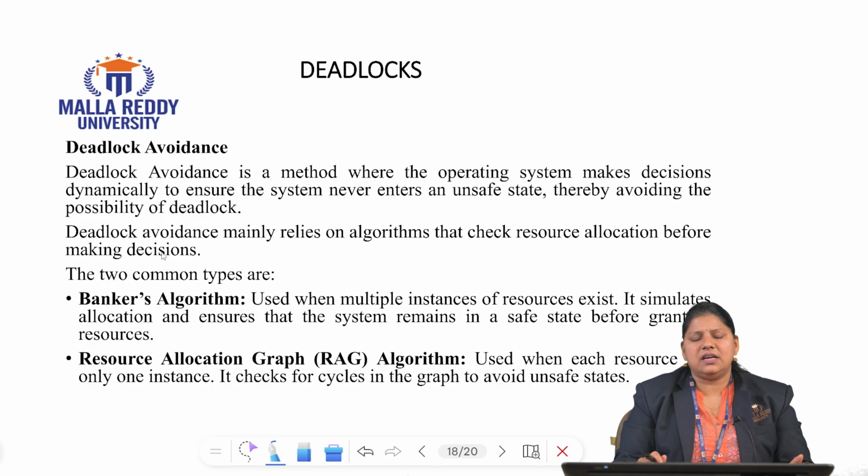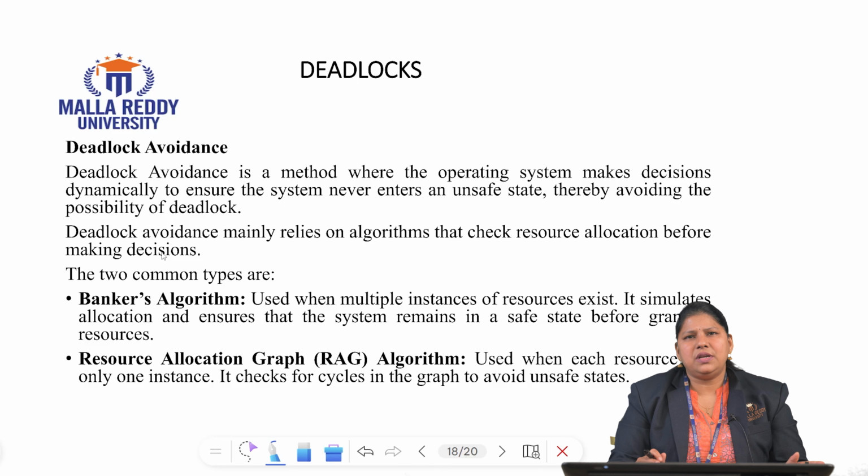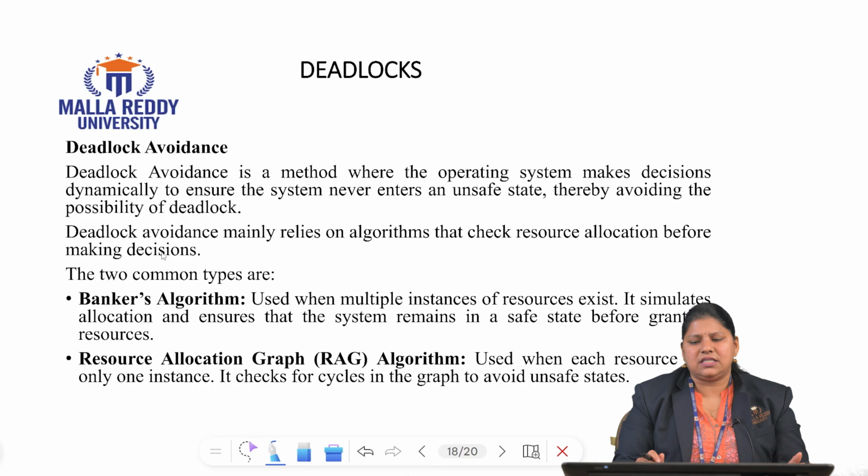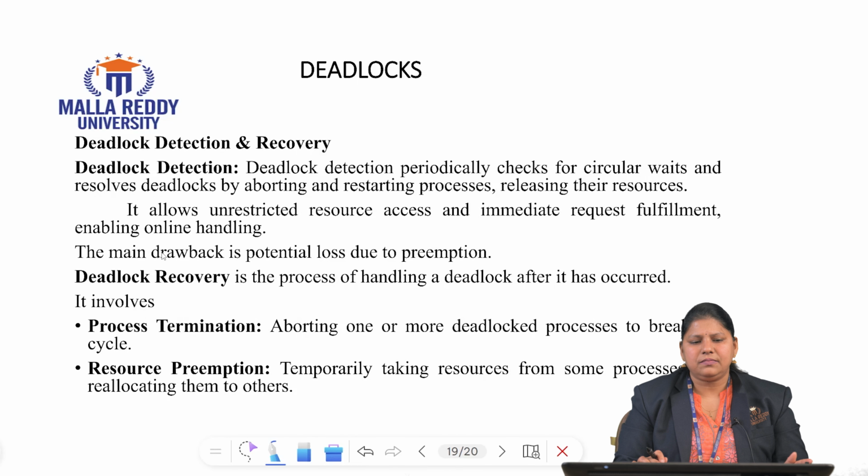Banker's algorithm is used when multiple instances of a resource exist. It simulates allocation and ensures that the system remains in a safe state before granting the resource. Resource allocation graph is used when each resource has only a single instance. It checks for cycles in the graph to avoid the unsafe state.